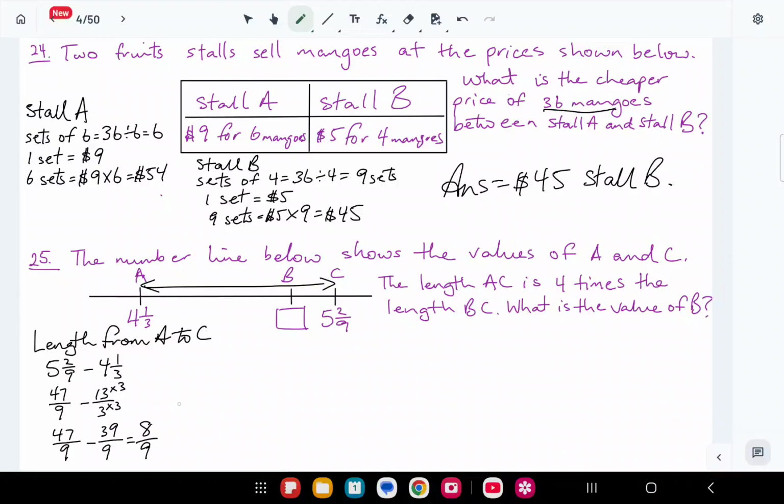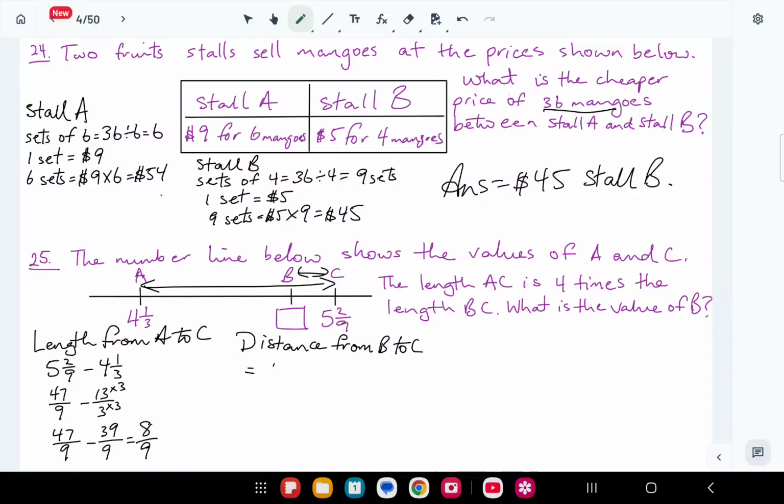Then they said that the distance from B to C is basically a quarter of the total distance here from A to C. So now we could calculate the distance from B to C, because if it is a quarter, it's basically a divide by 4.